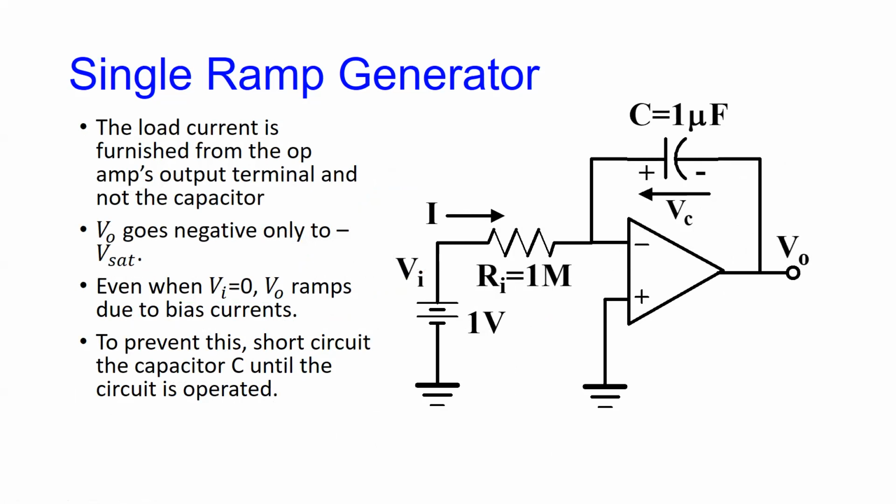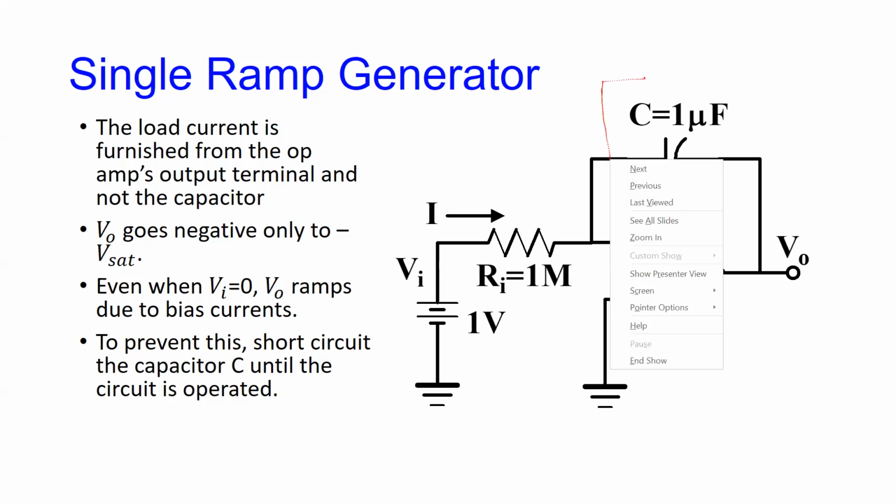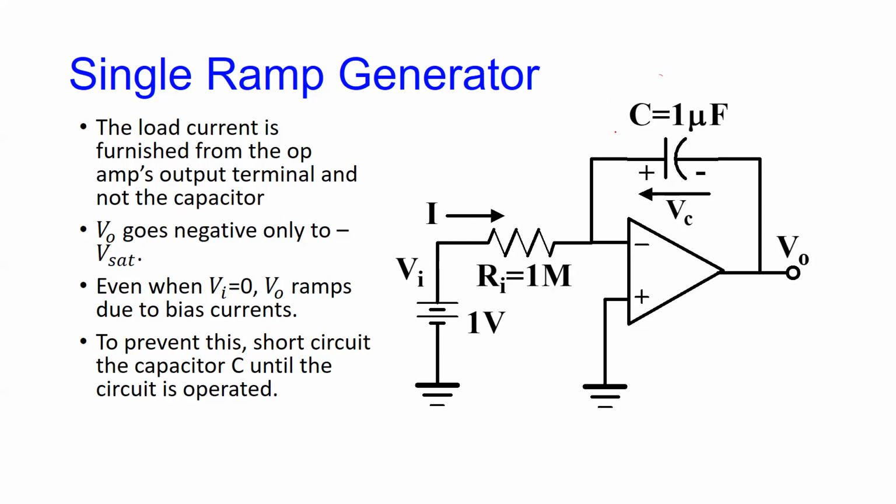So usually in a practical circuit of this nature, you would have a switch across here, and you keep the switch closed when the circuit is not to ramp. When you're ready to ramp, you open it up and then put the input voltage. All right, and then you get the ramp behavior happening.